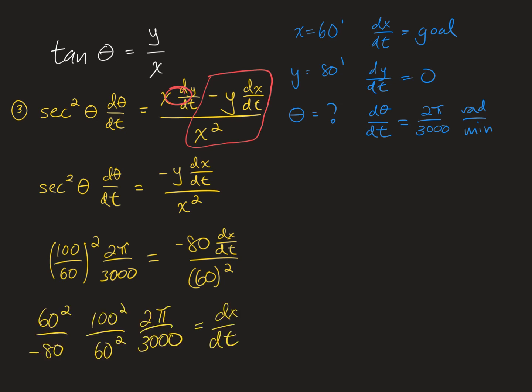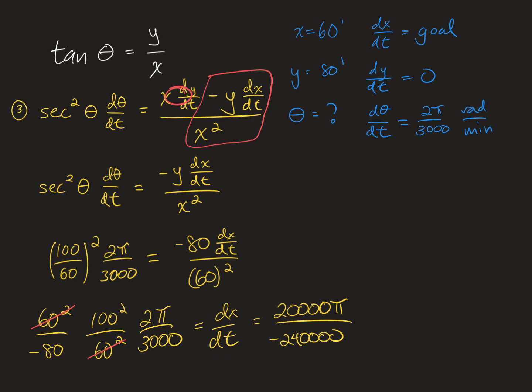If you apply the square to the 100 and the 60, we will have some 60 squareds that reduce nicely here, so let's get rid of those. In the numerator, we will end up with 20,000 pi, and in the denominator, we will end up with 240,000. And it's supposed to be negative.